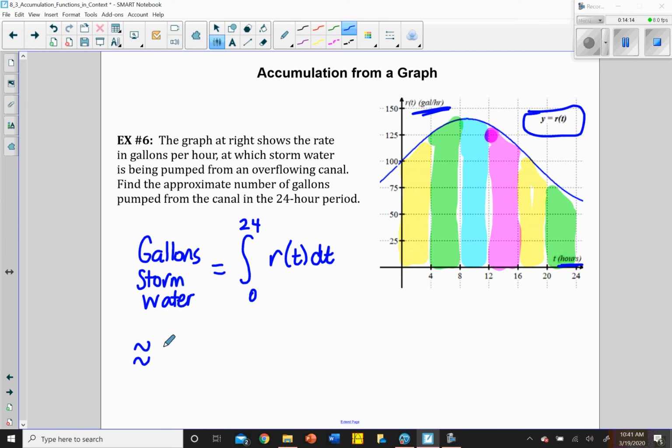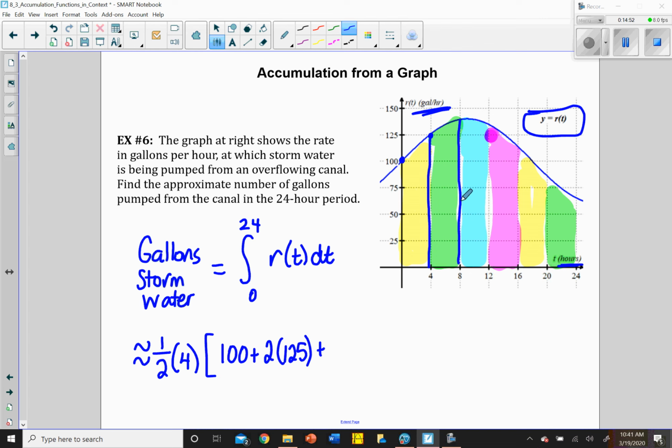So that's roughly, using the trapezoid rule, each interval is 4, so half of 4 times the sum of the bases. So this first base is 100, and that second base is 125. So I've got 1 100 and 2 125s, because that height right there is shared by the yellow trapezoid and the green trapezoid. And then we've got 2 more.